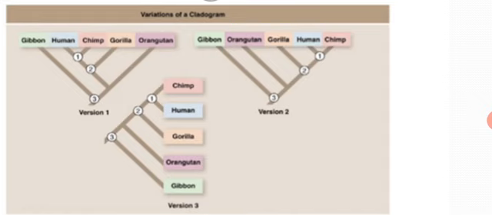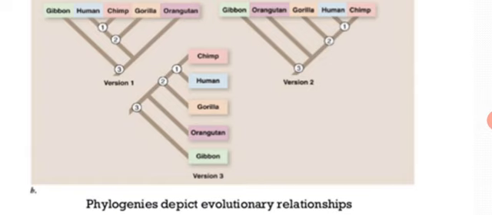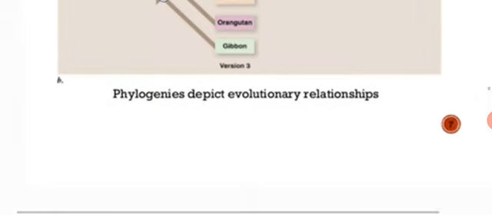Then in version 3, here again the ancestral stock is chimp, from which parallel evolutions arise: one leading to human, another leading to gorilla, another leading to gibbon, and in between orangutans. So you can clearly make out the different versions while constructing a phylogenetic tree.